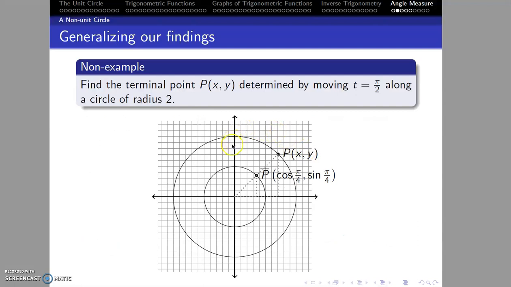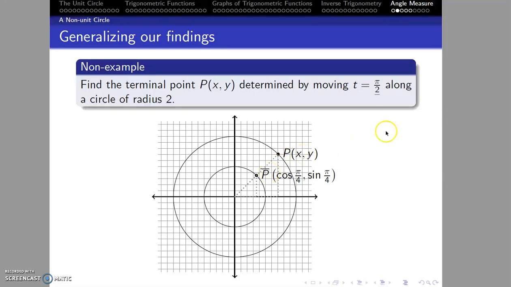So we're going to end up not up here, but rather here, 1/8 of all the way around. Now here's the thing. This point corresponds very nicely to the point we would have found on the unit circle if we had moved half the amount we had moved on this new circle.